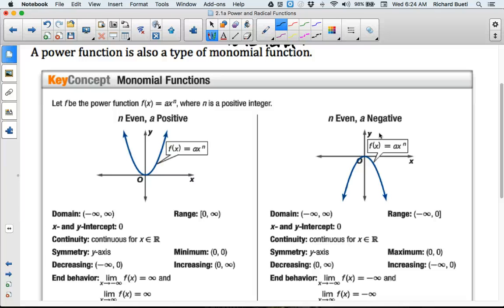So why don't we pause the video and get this important information in our notes, because these are things that are common for pretty much all power functions that take this form.